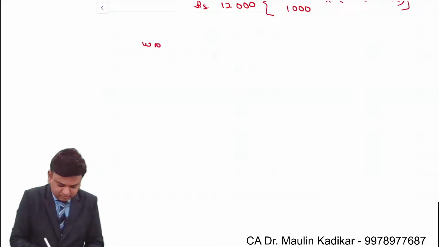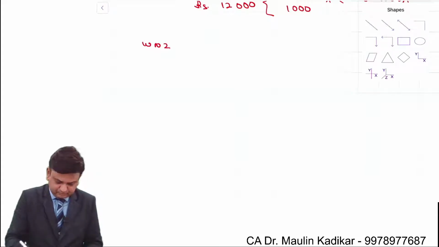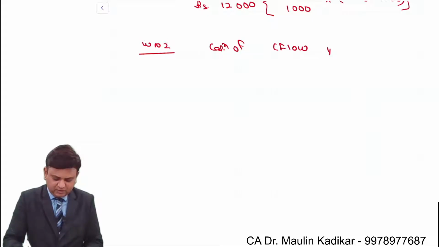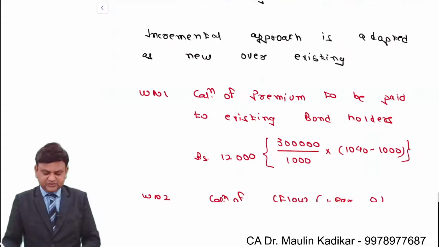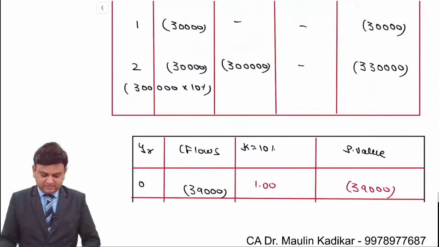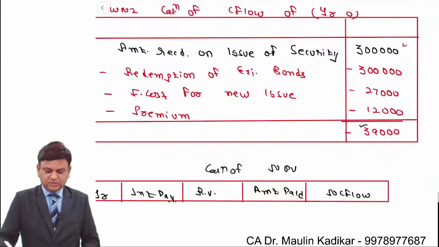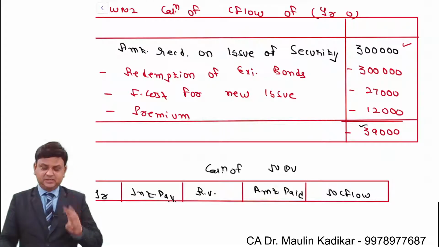Working note number 2, calculation of cash flow in year 0. In that case, friends, the same story will be repeated: we have received an amount on the issue of the security, 3 lakhs.